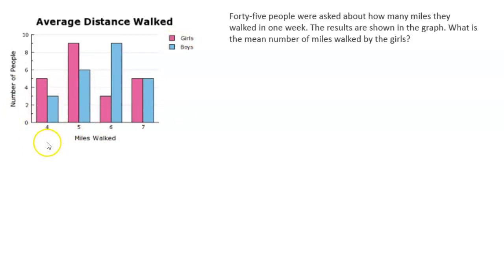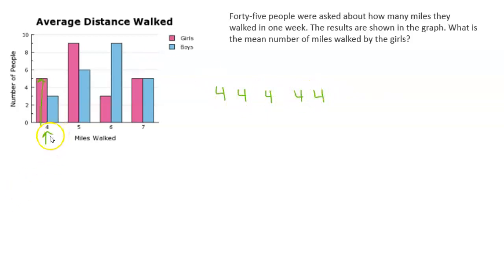According to this, 4 miles was walked by 5 girls. 5 different girls walked 4 miles. So we have 4 miles, 4 miles, 4 miles, 4 miles, and 4 miles.